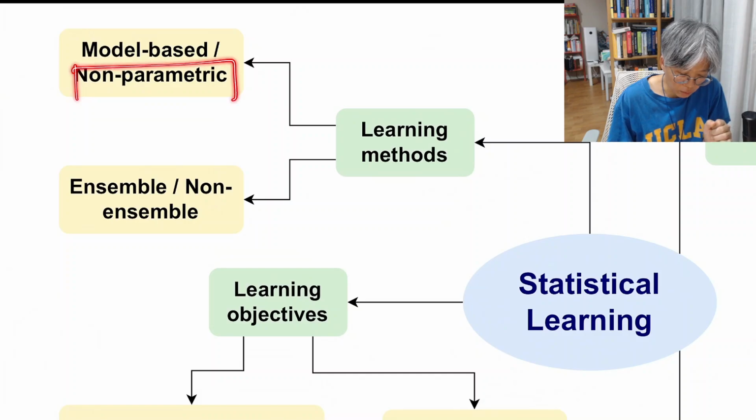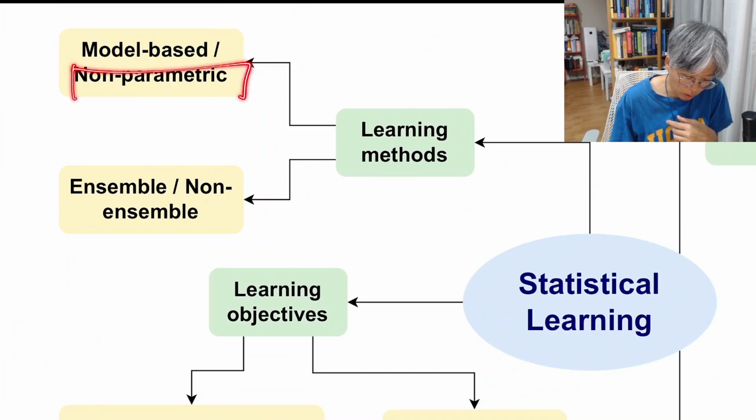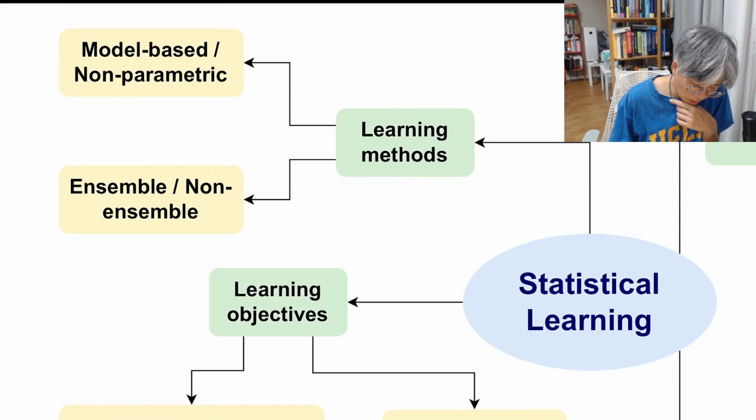While on the other hand, for the non-parametric approach, it means that you don't need to make an assumption on a model structure. The learning methods can be split into ensemble and non-ensemble frameworks.